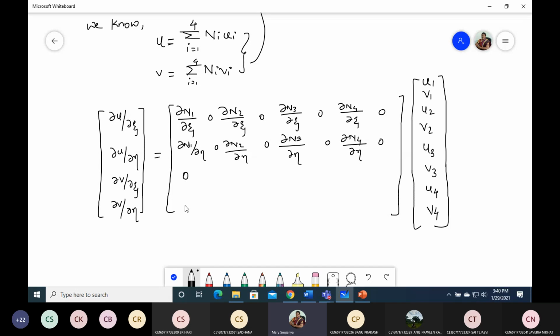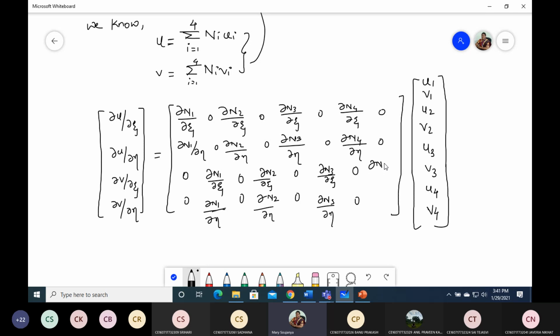The next terms 0, 0, dou n1 by dou xi, dou n1 by dou eta, 0, 0, dou n2 by dou xi, dou n2 by dou eta, 0, 0, dou n3 by dou xi, dou n3 by dou eta, 0, 0, dou n4 by dou xi, dou n4 by dou eta.